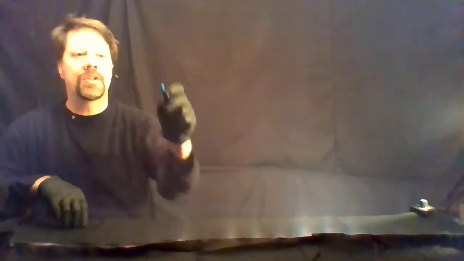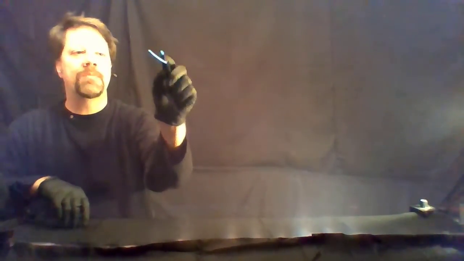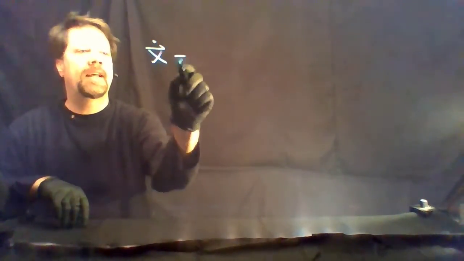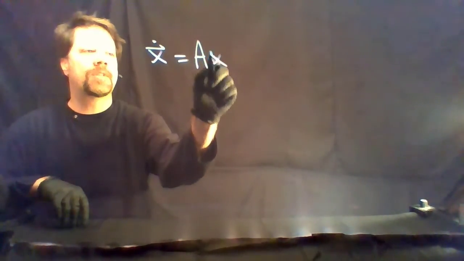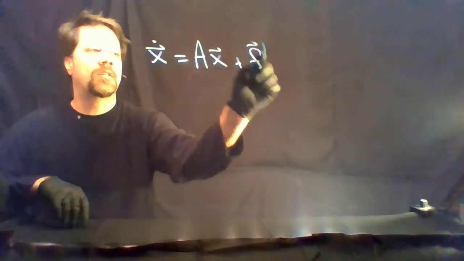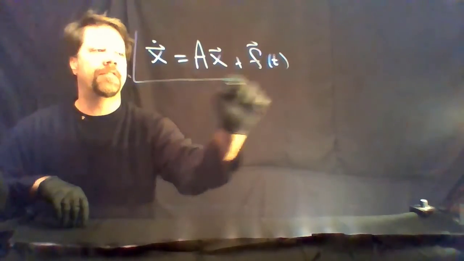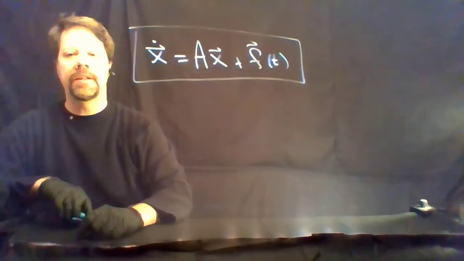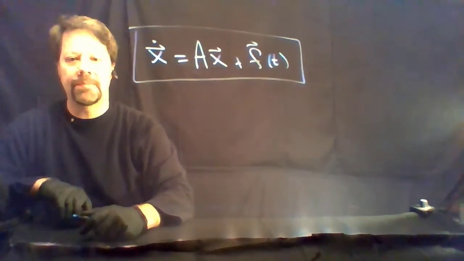With those substitutions, linear systems can always be placed into the form x dot equals Ax plus f of t. Here we're using regular matrix multiplication.